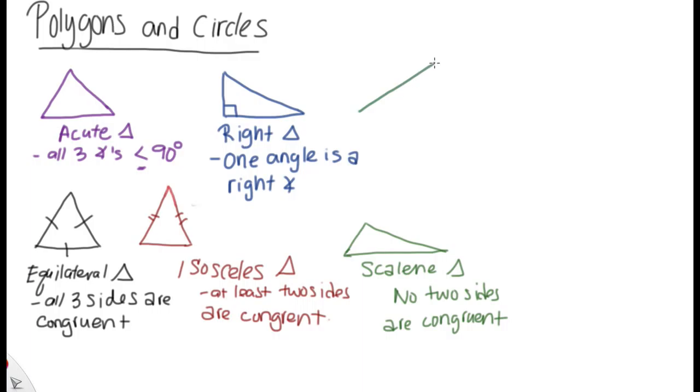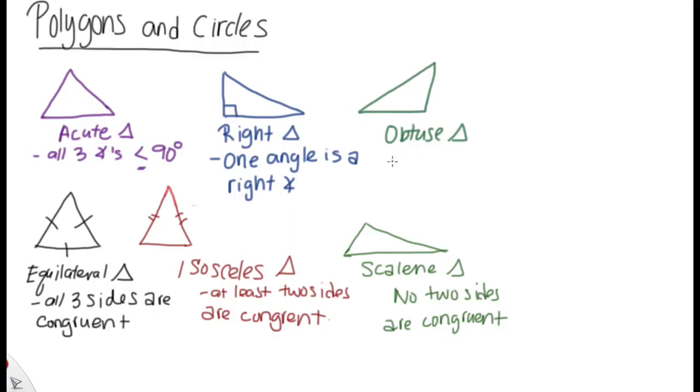An obtuse triangle is a triangle where one angle is an obtuse angle.